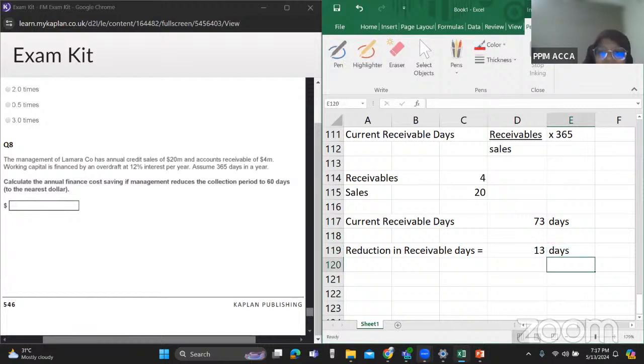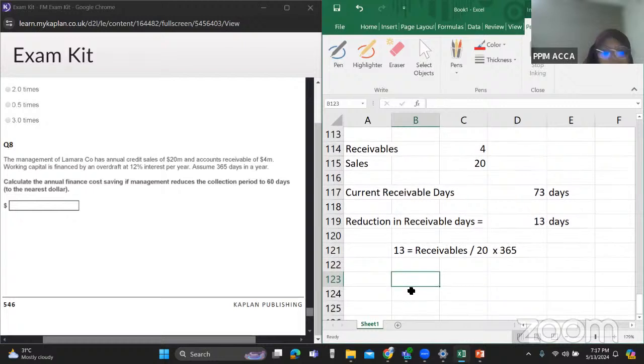Okay. So if the receivable days are reducing by 13 days, using this same equation, we can find out how much the receivables are reducing by. Okay. So what I'm trying to say here is, I'll put in the figures here. I'm saying that the receivable days are reducing by 13. What I mean by that is I can find out by how much the receivables are reducing as well. So receivables divided by sales, which is 20, into 365. Okay.